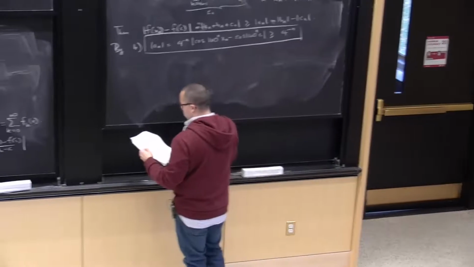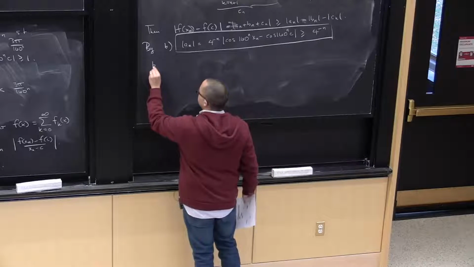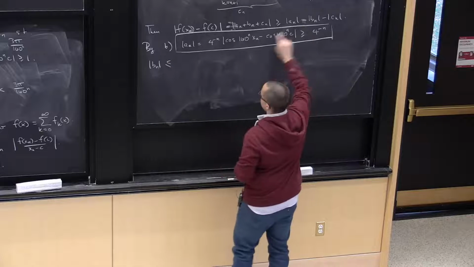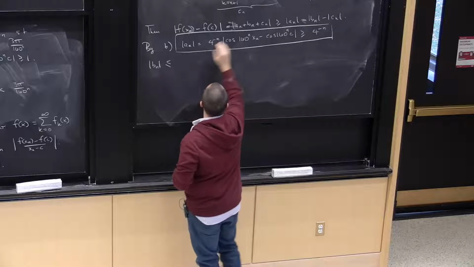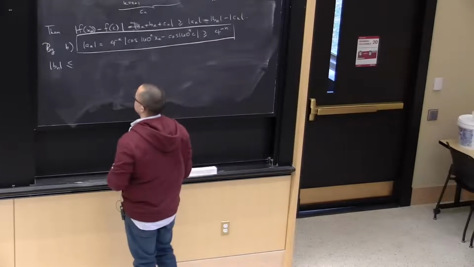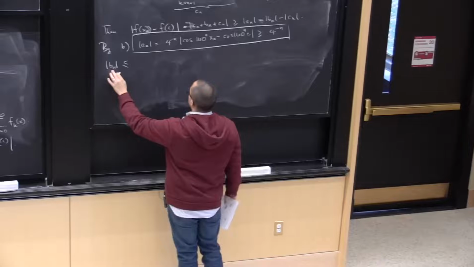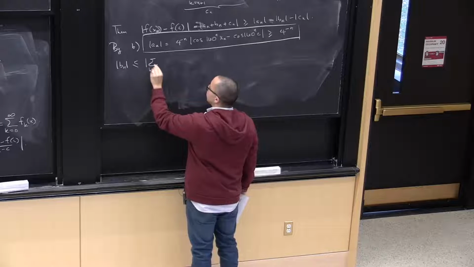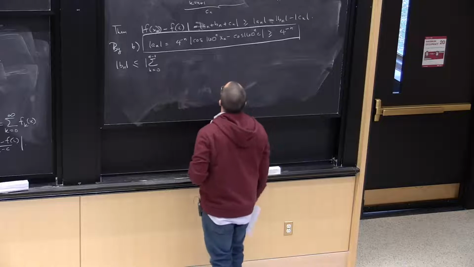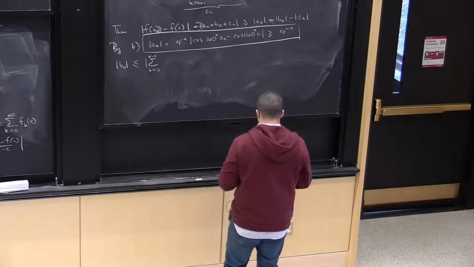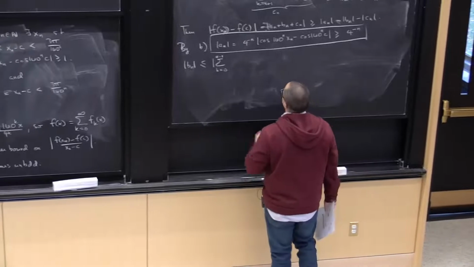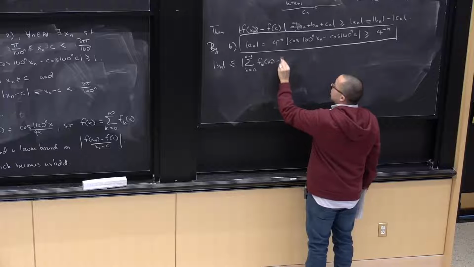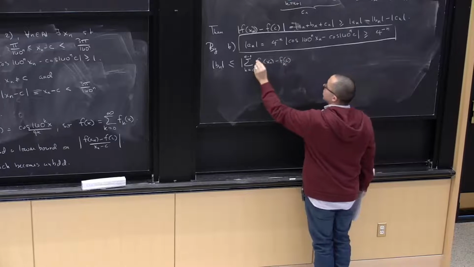Now let's look at how big b sub n is. We want to bound this from above because when it hits the minus sign, this will flip the inequality and we'll have that this will be bounded from below by something. So the absolute value of b sub n is equal to the absolute value of the sum from k equals 0 to n minus 1 of f k of x sub n minus f k of c.